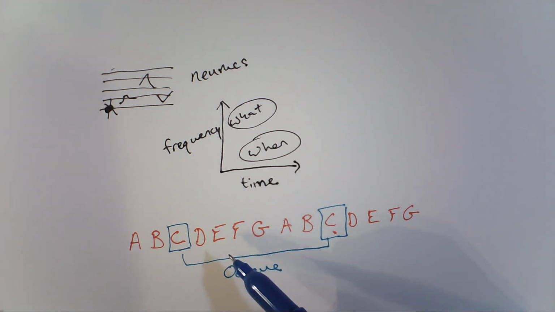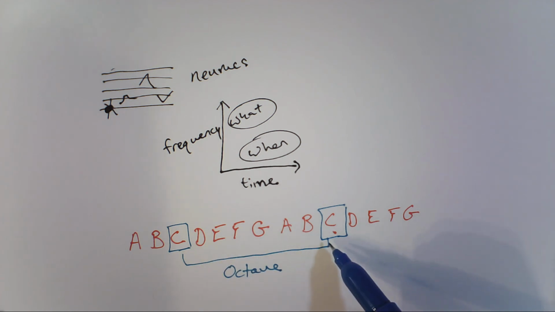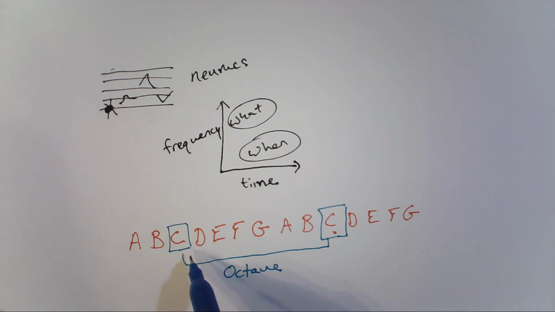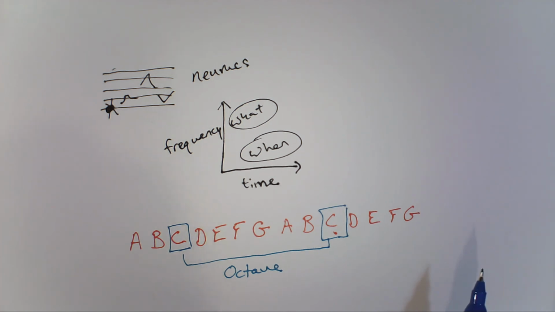Or if I told you, for example, to play an octave C on the piano, you would play a low C and a higher C, presumably with your pinky and your thumb. And interestingly, whenever you play two keys that have the same letter, it sounds pretty good. It sounds consonant. Consonant means it sounds good together. There's no clash.